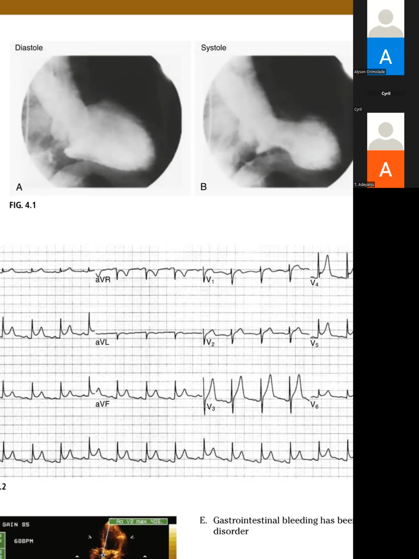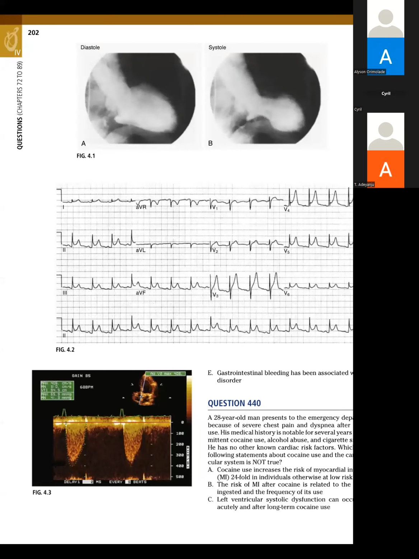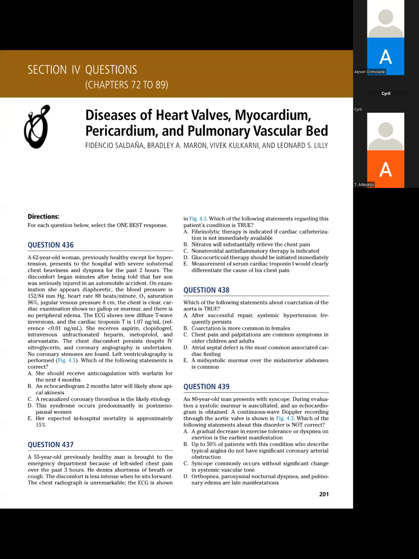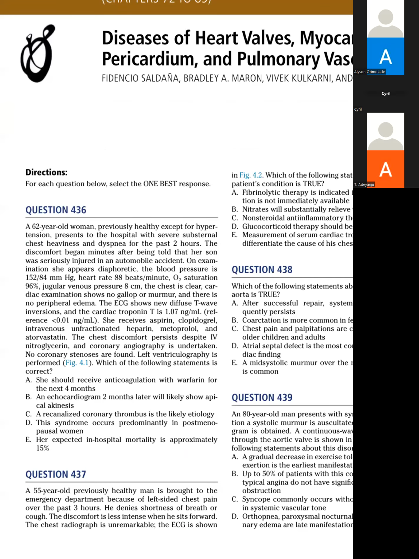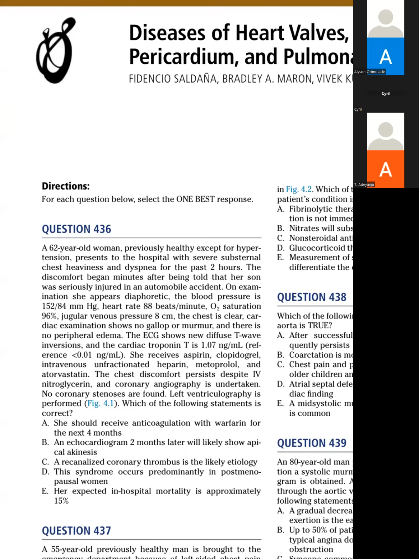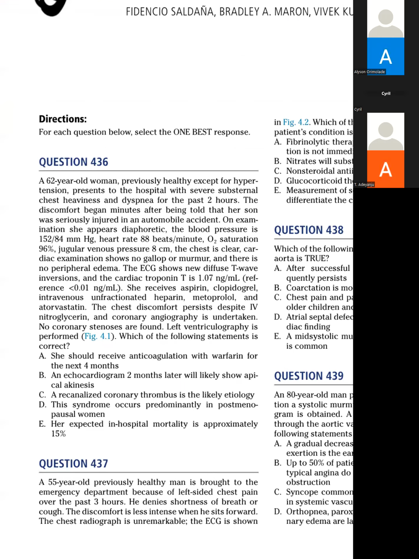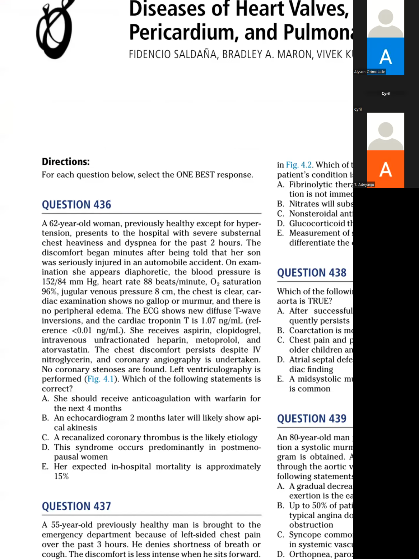Can we go back now to the options? She should receive anticoagulation with warfarin for the next 4 months. An echocardiogram 2 months later will likely show apical akinesis.